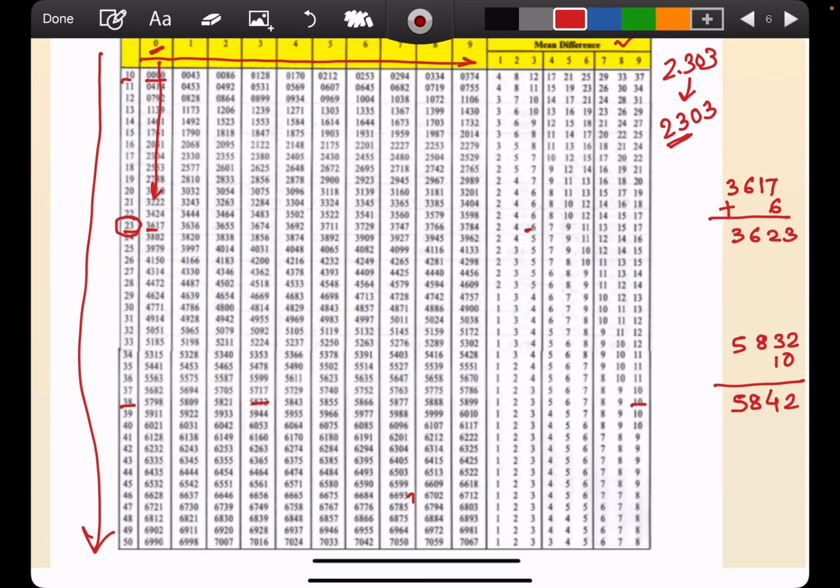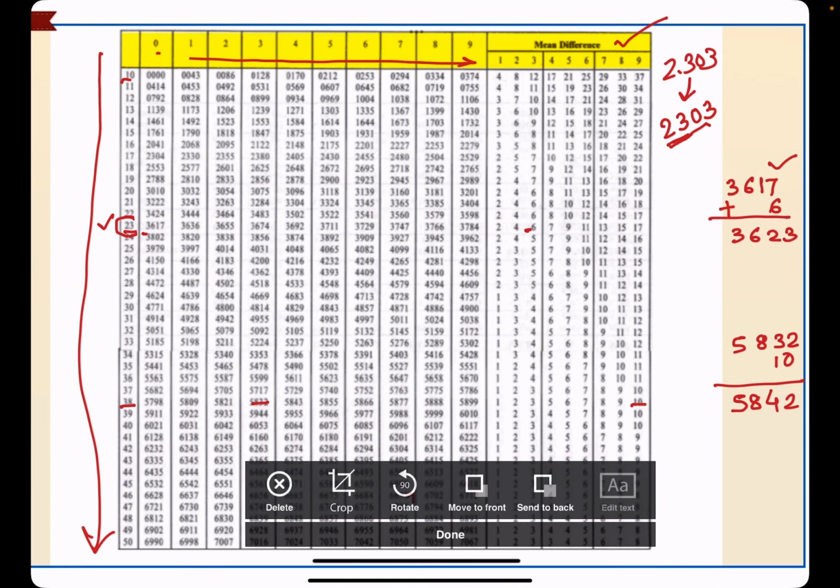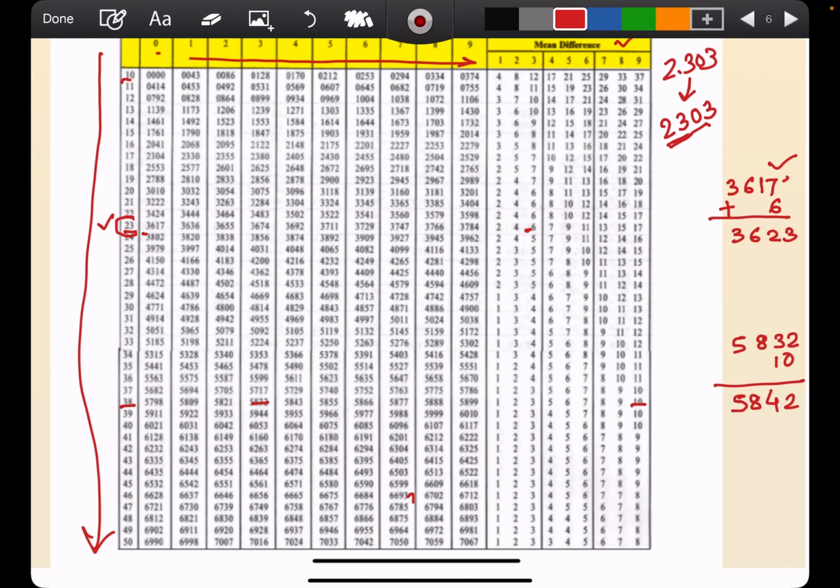So you get it as 3617. Now 3617 has to be corrected for the mean differences.